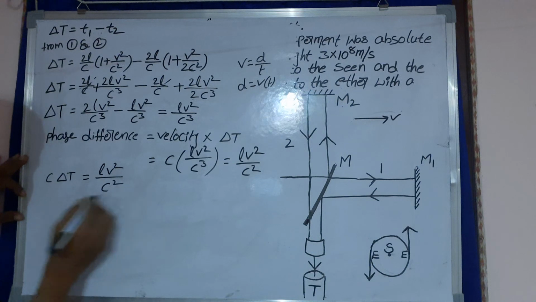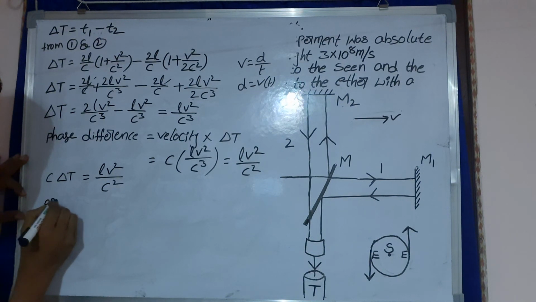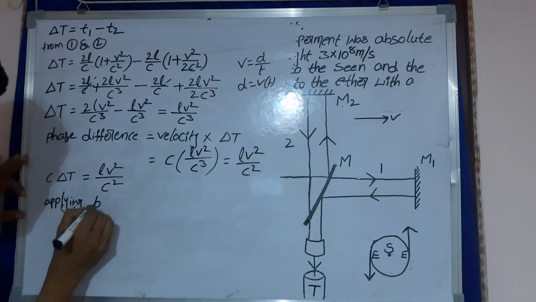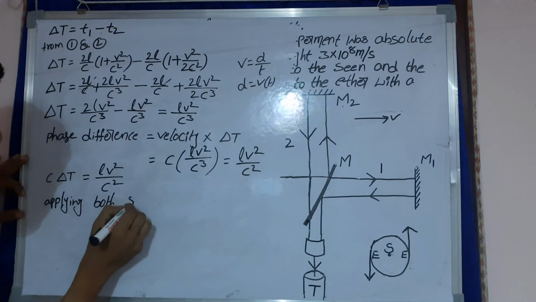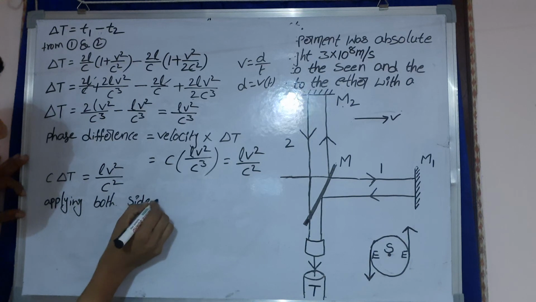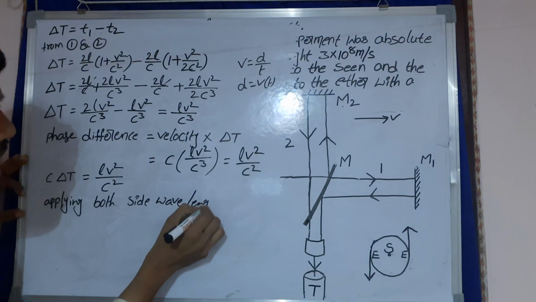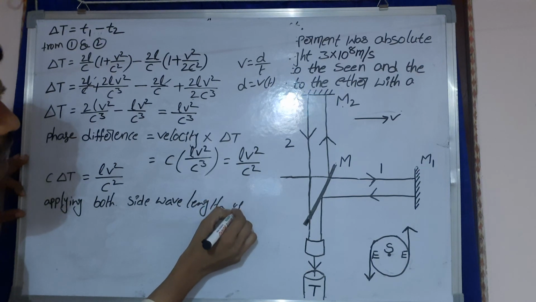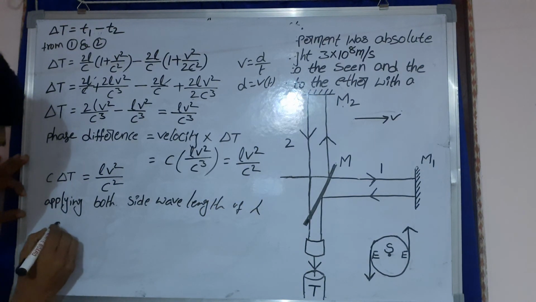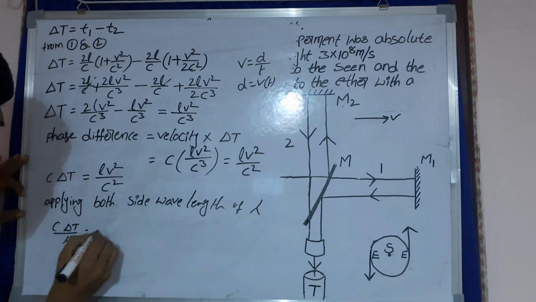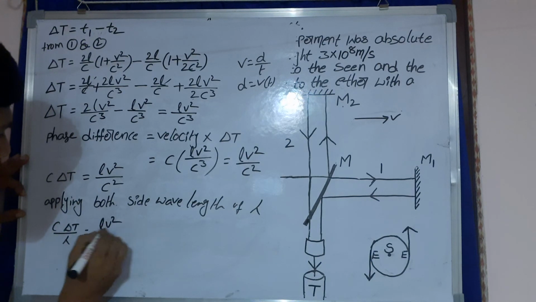So both sides applying wavelength lambda. So c delta t by lambda equal to L v square by lambda c square.